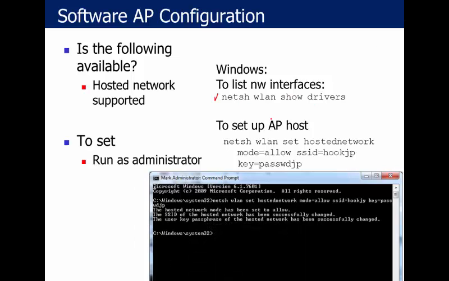Once it is available, then we can set up the access point host. This is another command with some options. Same command, netsh, but with different options: wlan set hostednetwork. I believe hostednetwork is a reserved word.